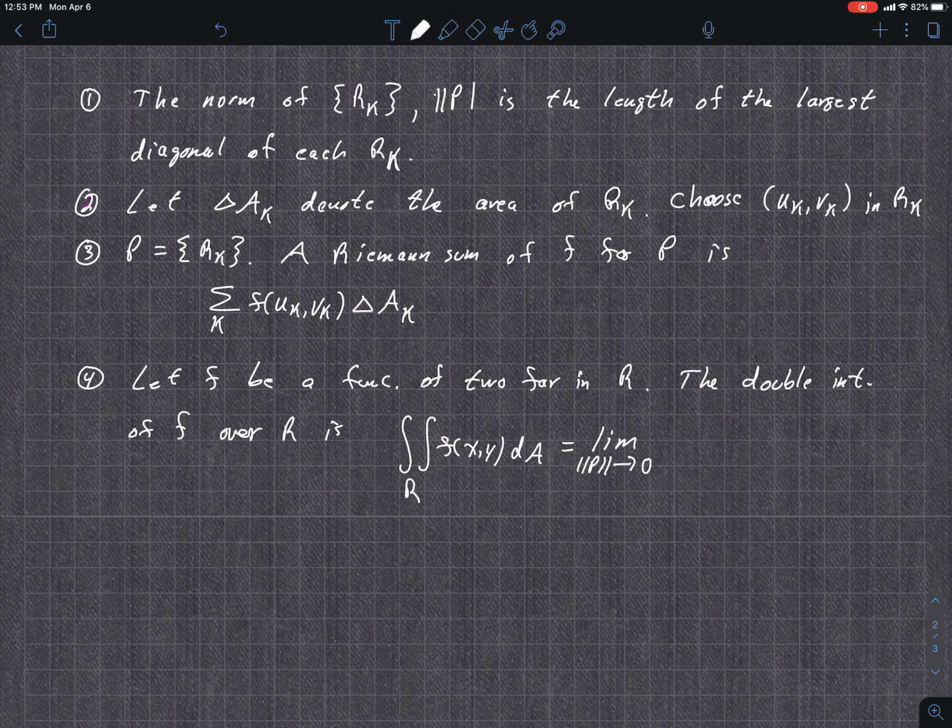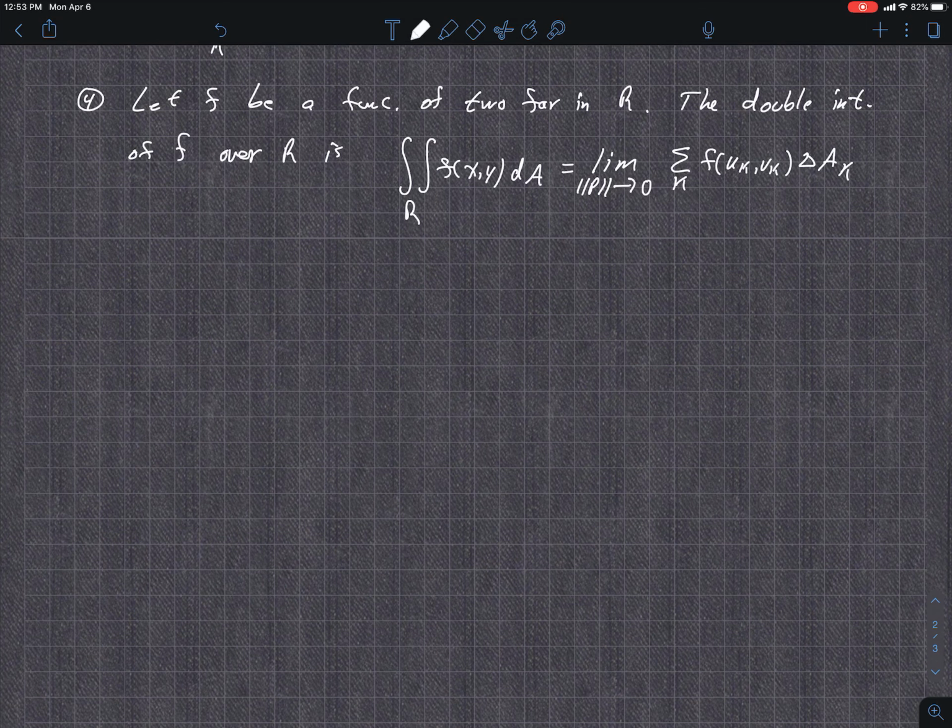So it's the limit as the norm of the partition approaches 0 of the sum over all the k's, f of u sub k, v sub k, delta A sub k, provided the limit exists. So let's look at that picture, what that looks like.